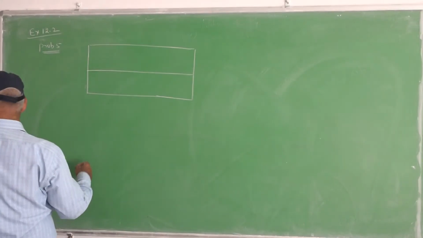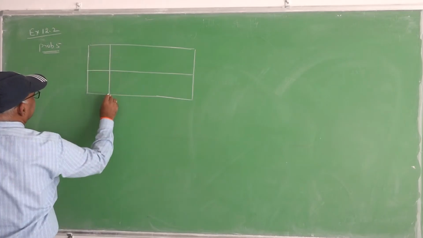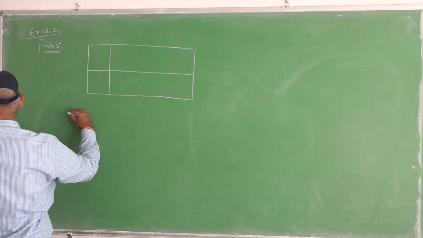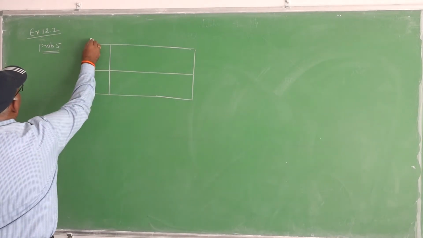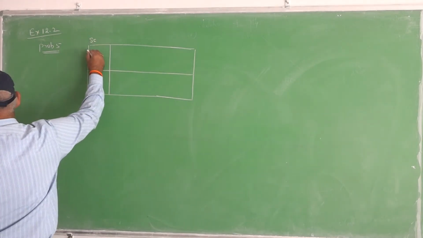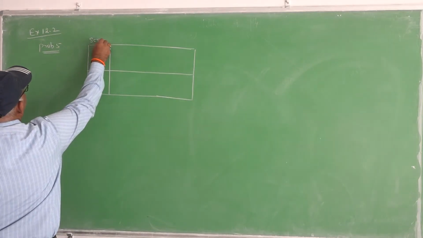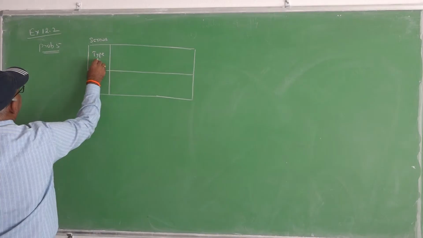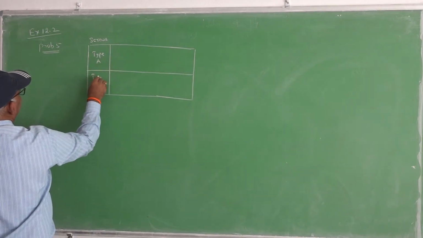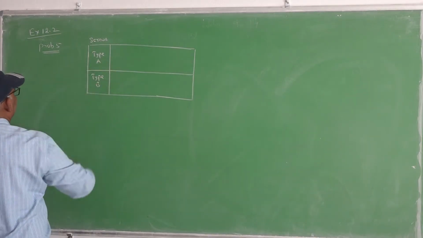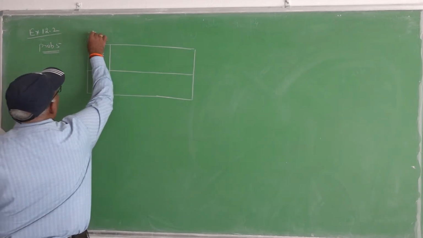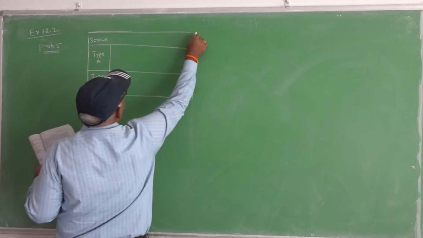Let us take screws of type A and type B. Two types of screws are to be manufactured here.